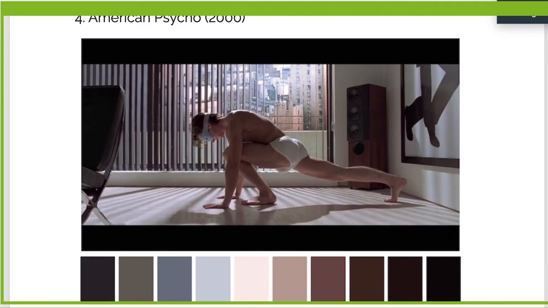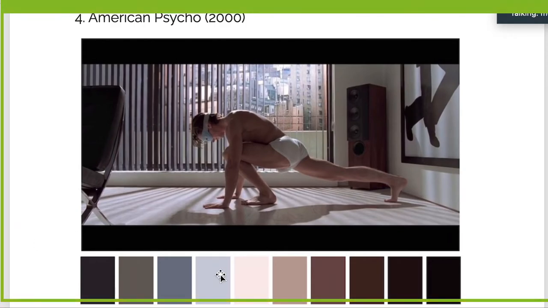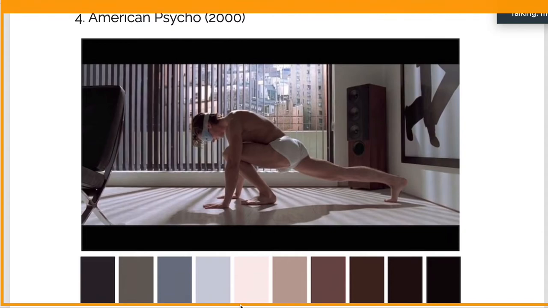American Psycho, if you haven't seen that, man, see that. Christian Bale at his best and his craziest. This film uses a lot of neutrals, but it's also a very blue film as well. It's set in the 80s, but it doesn't utilize a typical 80s color palette. And what's important about it is that those neutrals dull the interior spaces.